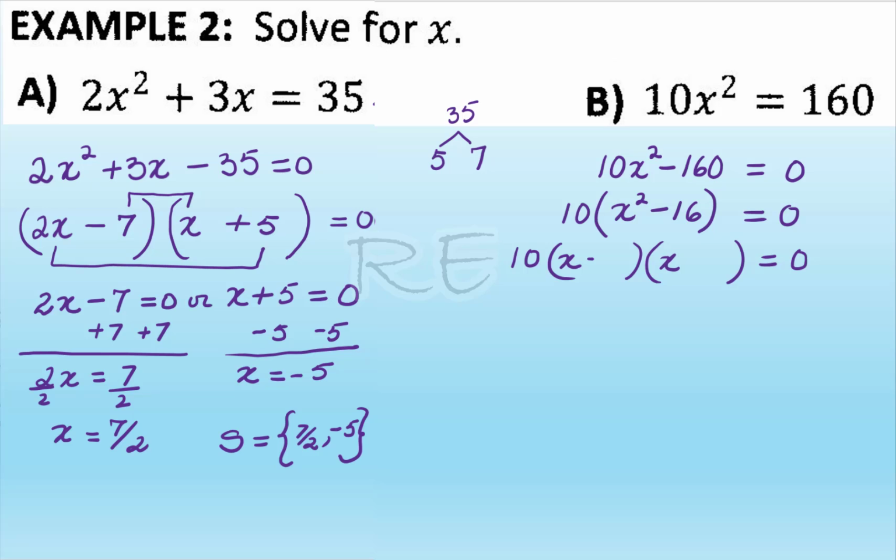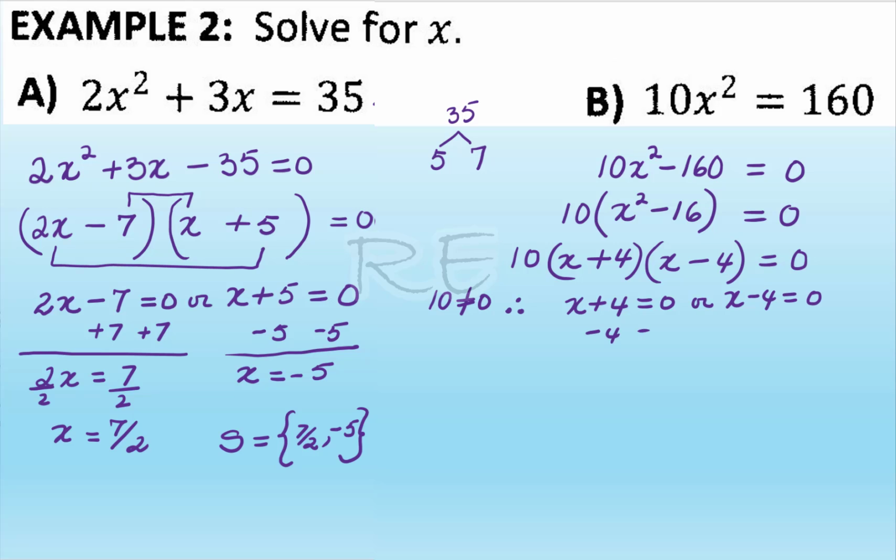So it's 10 times x plus 4 times x minus 4. Now we all know that 10 will never be equal to 0. Therefore, we set x plus 4 equal to 0, or x minus 4 equal to 0.